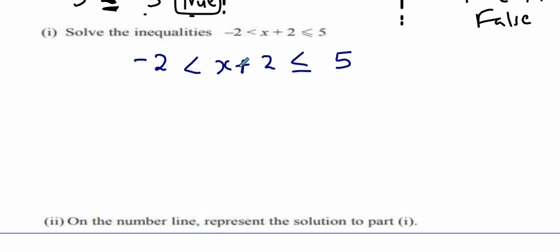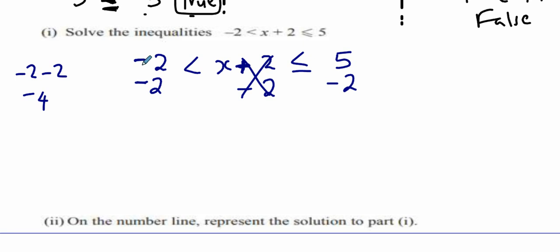This is positive 2. This is positive 2. So we are going to subtract 2 on both sides. Maybe this can help. Now, positive 2 minus 2, that is 0. Negative 2 minus 2 is negative 4.